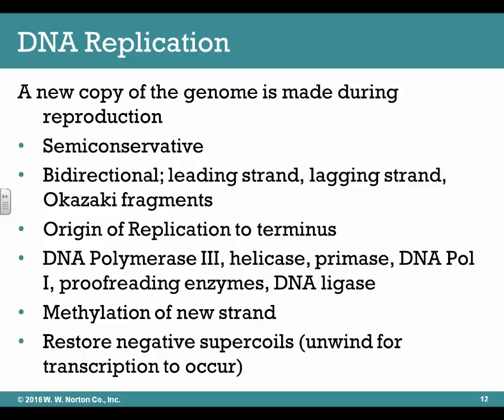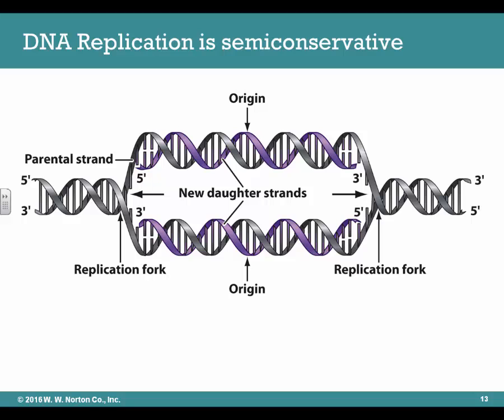There are, of course, other accessory enzymes that are really required for this whole system to work. And finally, I'll mention a couple of modifications that occur after the genome is copied.